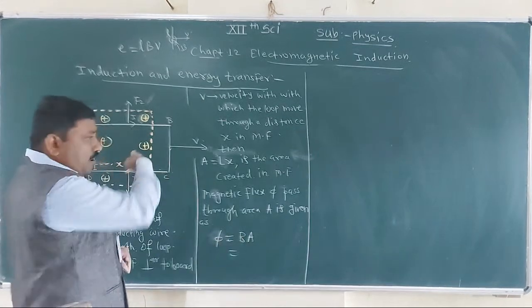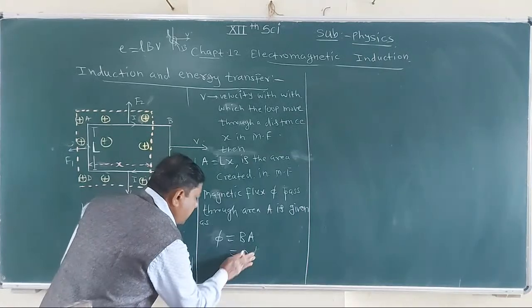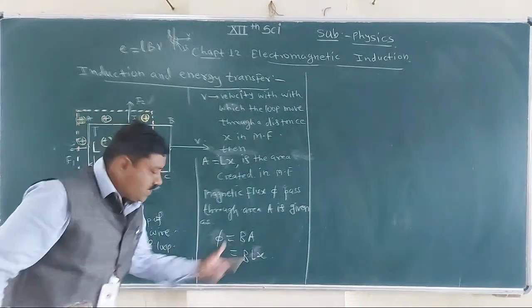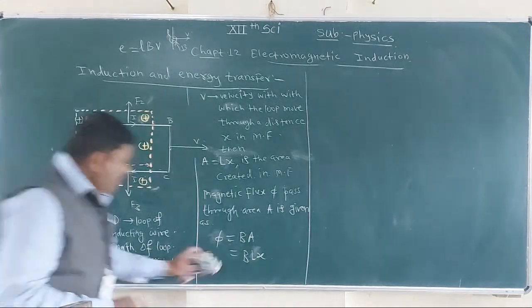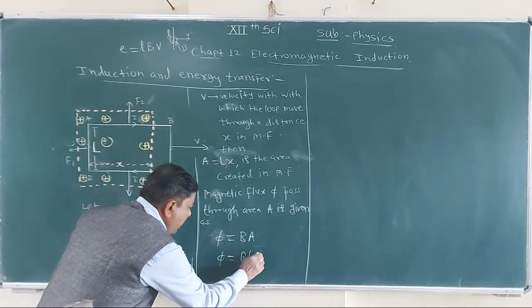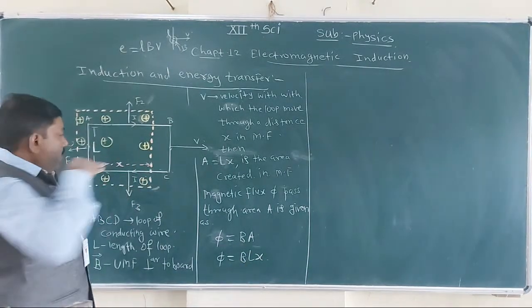It is uniform. What is area? Lx. So you get B into Lx. So phi is equal to B into Lx is the magnetic flux passing through the loop, or the change in the magnetic flux.